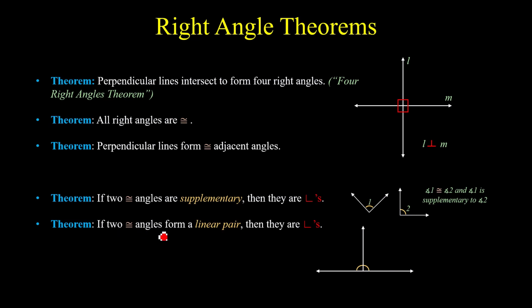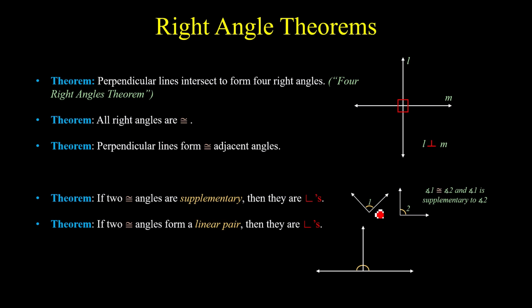Now the last 2 theorems, in a way, they're saying the same thing, but you can be supplementary without being a linear pair, right? For example, over here, these 2 angles are supplementary without being a linear pair. In other words, this one applies to adjacent supplementary angles, the second one, and this one applies to non-adjacent supplementary angles, right?